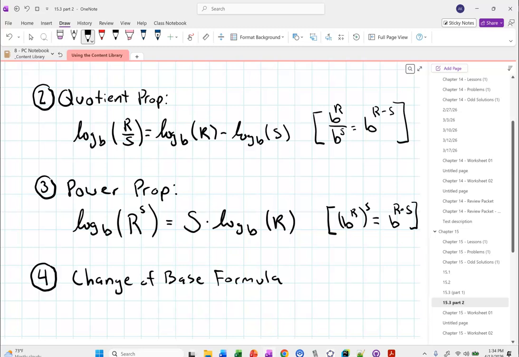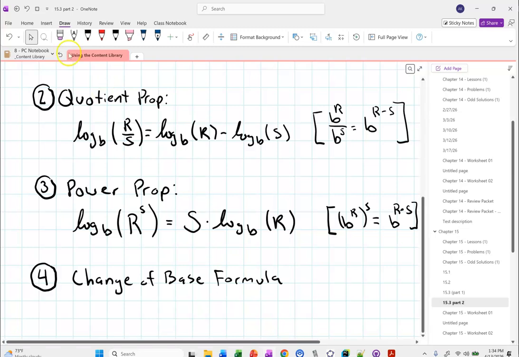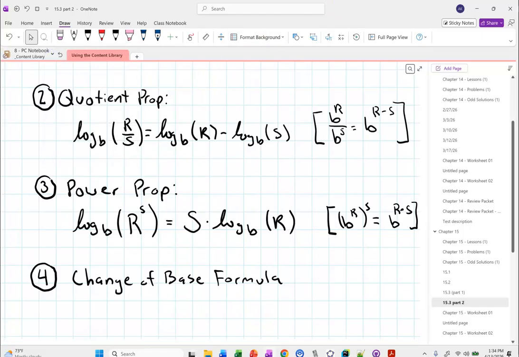Could you please sync the OneNote so I can see it? It should be syncing right now. I have it set to do that. So I don't know. Might be your end. Yeah, I tried to resync it though.